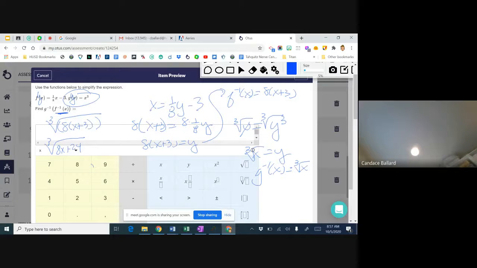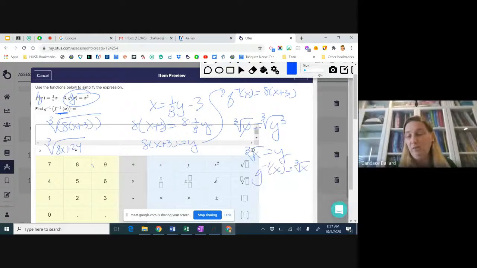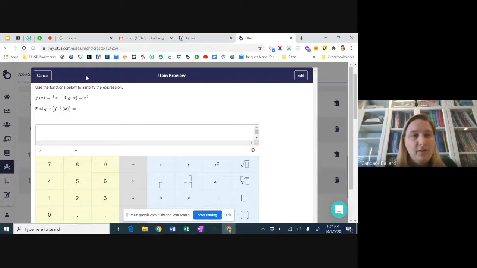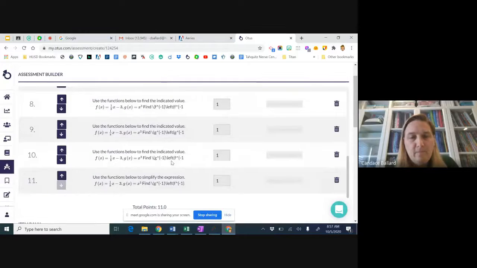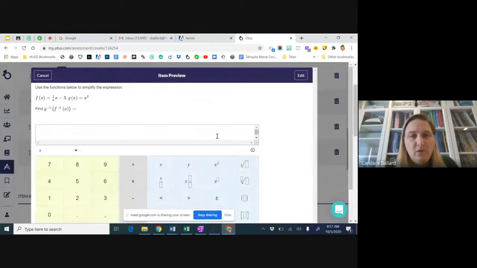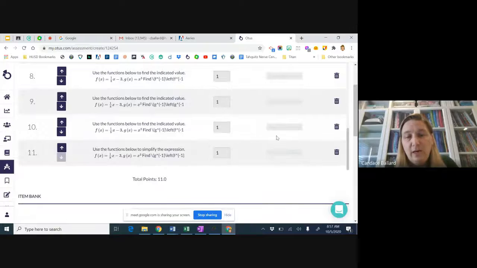It might do that, or it might just not do it correctly at all, because apparently whatever I typed in, even though I typed in the exact same thing in Otis, it is not showing up. All right, let me go in here and look at the edit and see if we got the same answer. Let's see what it says, because there were some that were acting really stupid, and these might have been them. I don't remember. I did correct a bunch of them though.